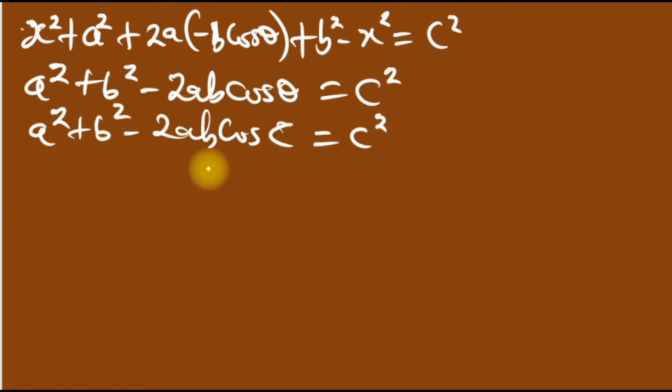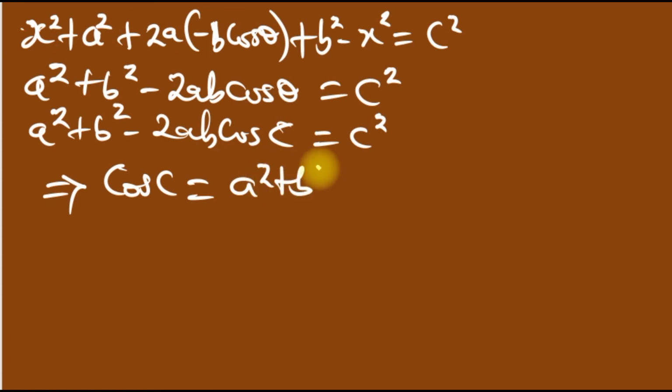So with this now, making cos C the subject of formula. Generally, we can still use cosine rule if you are given all the three sides. So making cos C the subject of formula, cos C will now be a squared plus b squared minus c squared over 2ab.